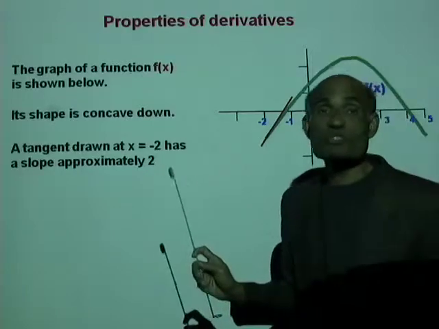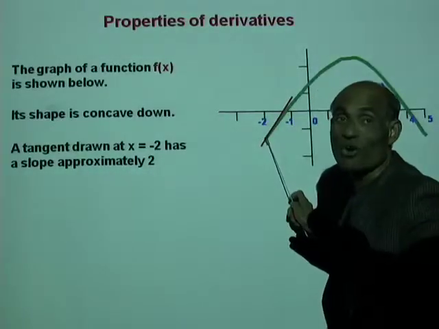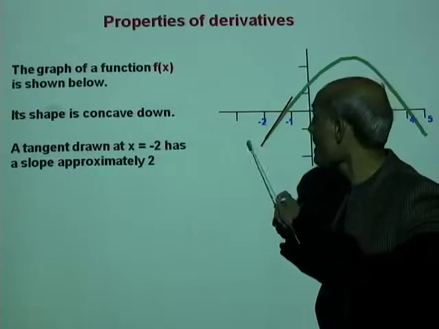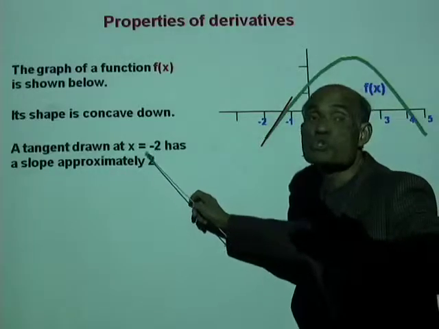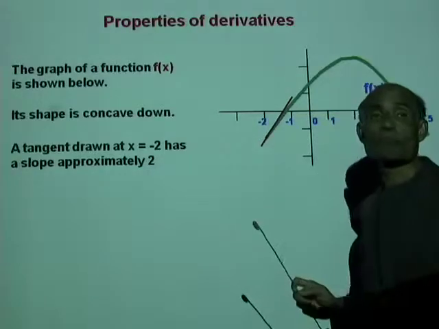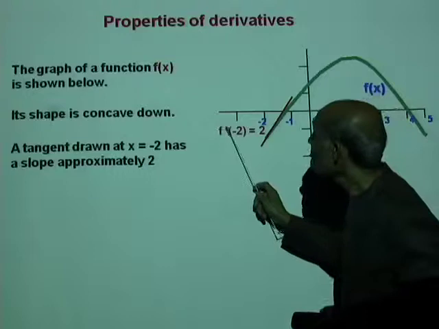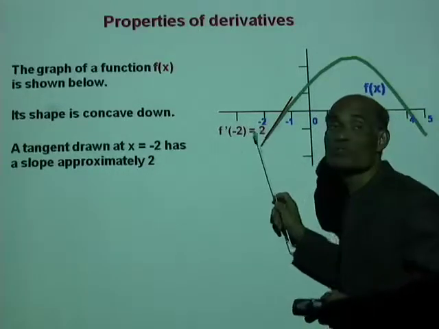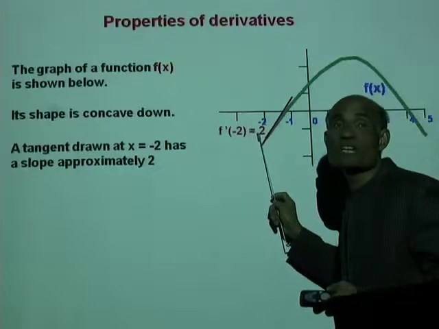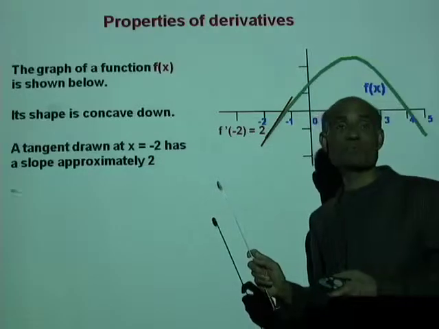Remember, slope of the tangent line is a measure of the derivative at that point. So it means at this point, the function is increasing at the rate of 2 per second, or 2 per whatever input value we use. Alright, so we say f prime of negative 2 equal to 2. The derivative of the function at x equal to negative 2 is 2. That's the meaning that the slope of the tangent line is 2.